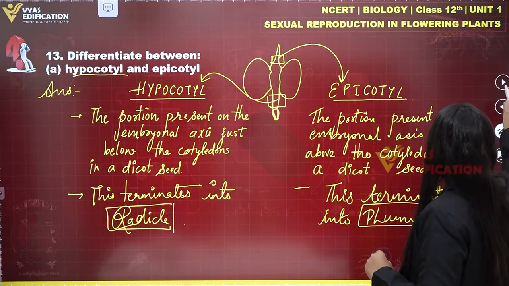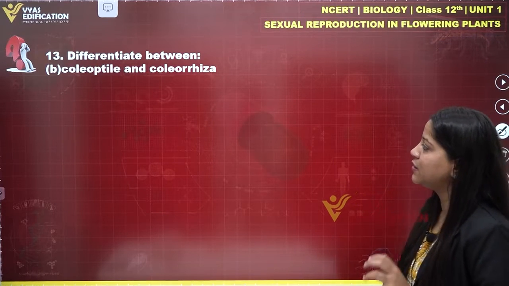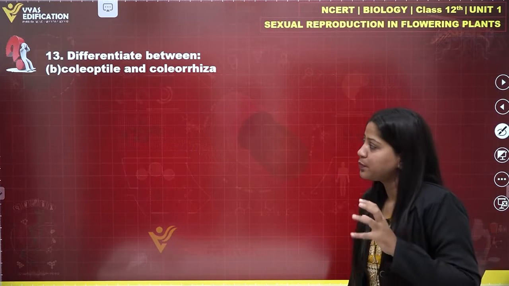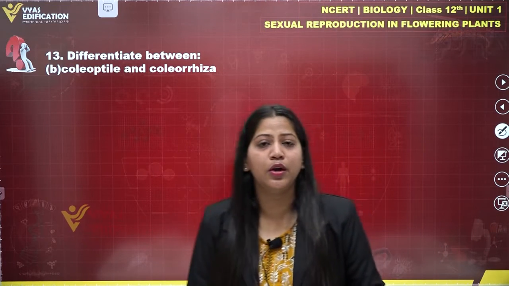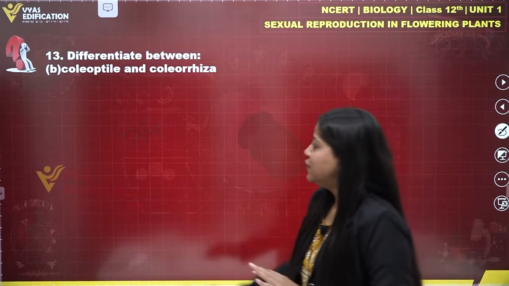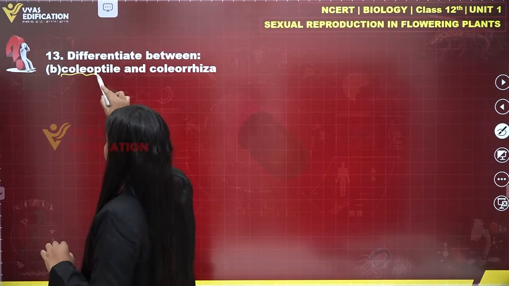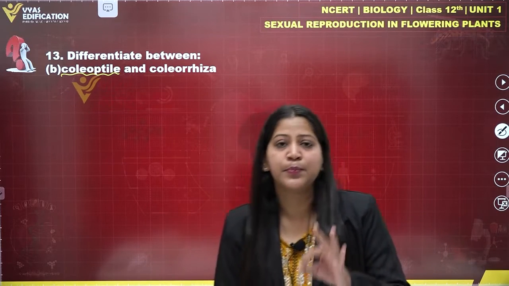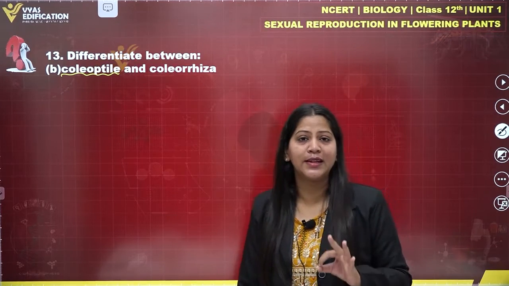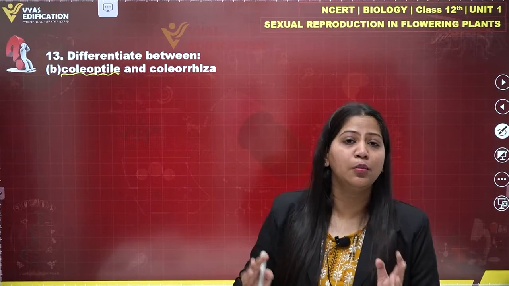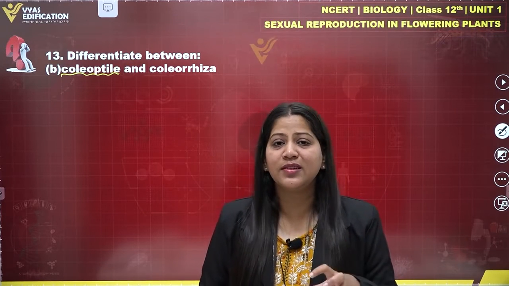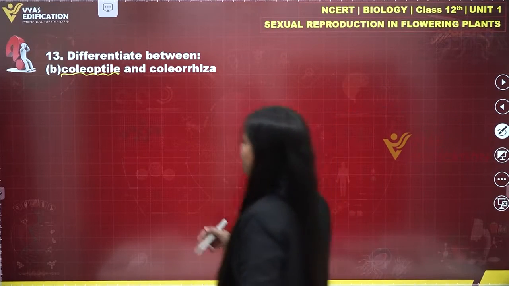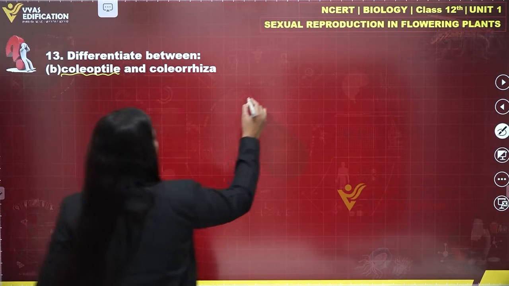Now let's move on to the second part of this question, that is differentiate between coleoptile and coleorhiza. So what is the difference between coleoptile and coleorhiza? If we talk about coleoptile, it is just a conical protective sheath in case of monocot or monocotyledon seed, which is enclosing the plumule part.